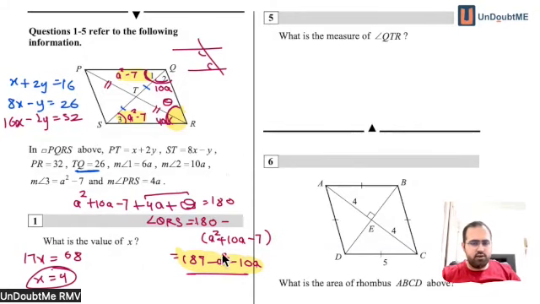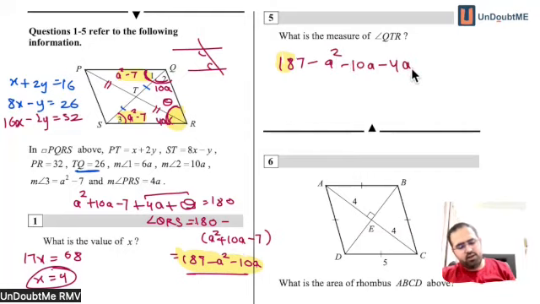Okay, if we have got QRS, from QRS you can subtract 4a. So 187 minus a square minus 10a minus 4a. So 187 minus a square minus 14a is this angle, theta.